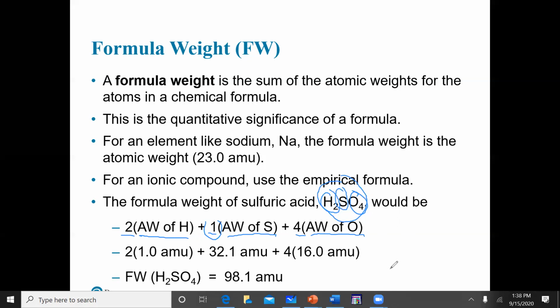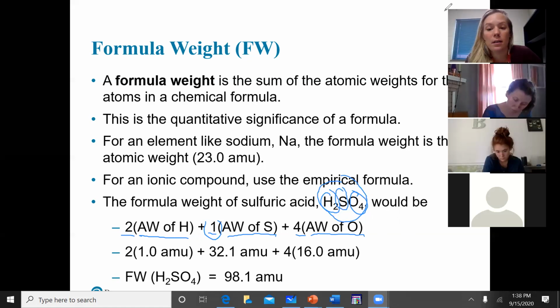We add all of those things together, and that will give us the overall weight of the formula, which in this case is 98.1. You're going to be doing a lot of those calculations. So we'll do one together.